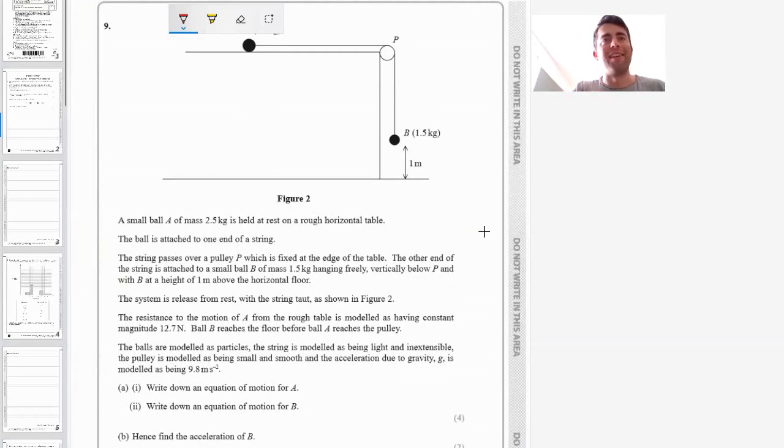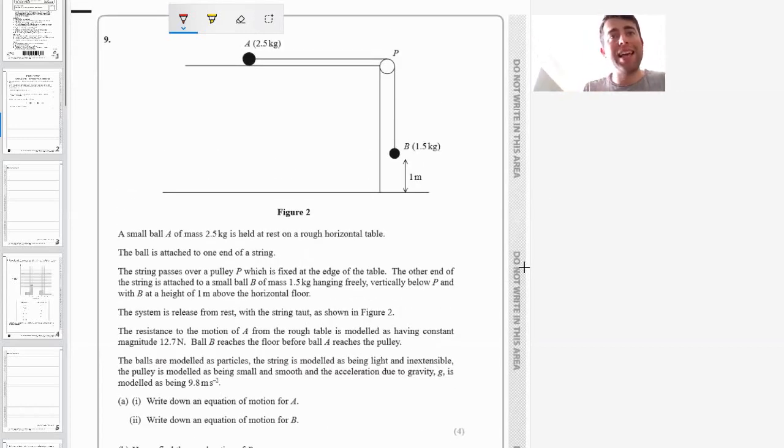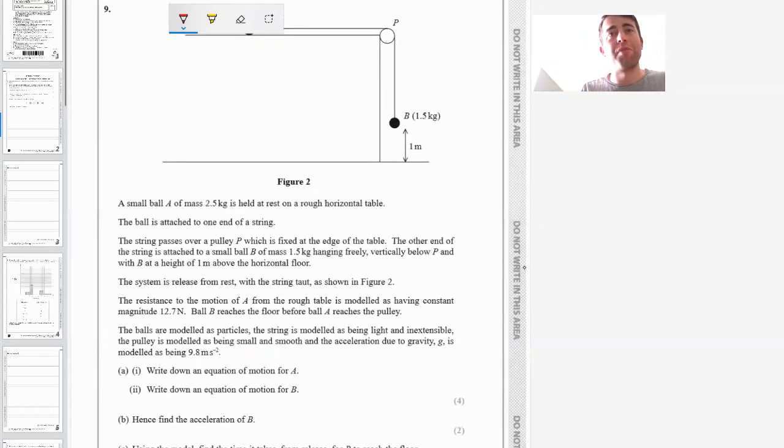Question 9, a classic connected particles question. We've got two masses connected over a pulley, and we're asked to write down equations of motion. I would start by labelling on, we've got loads of information here about forces and whatnot, labelling it on this diagram.